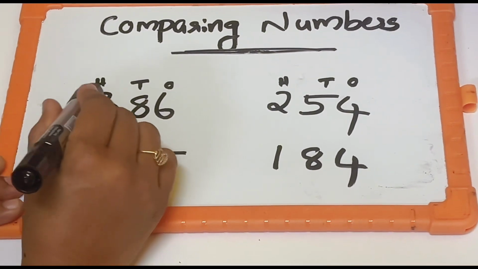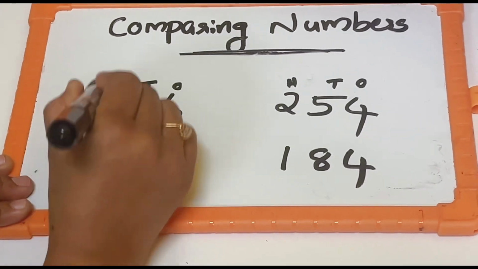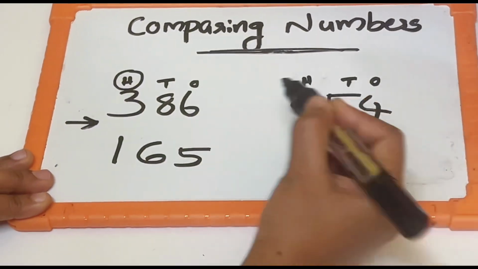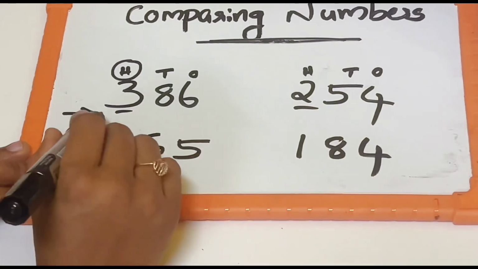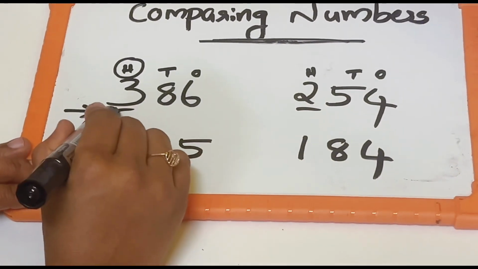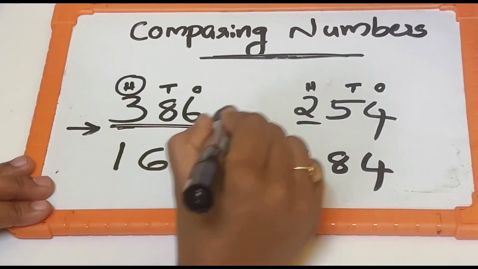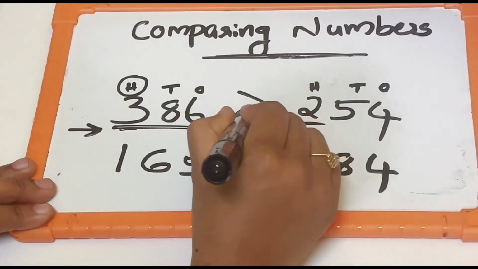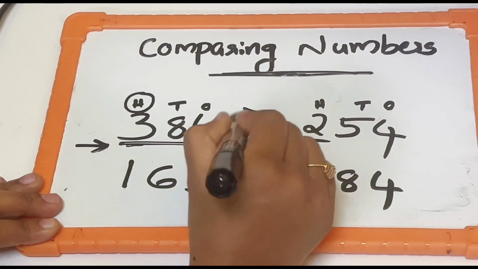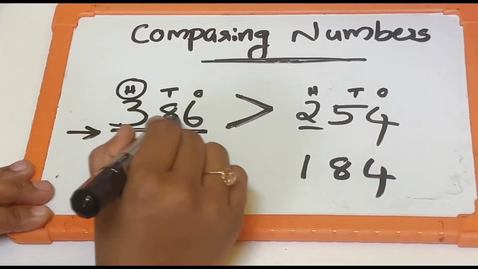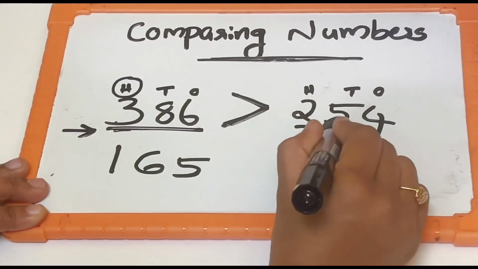So first we compare the numbers in the hundreds position, 3 and 2. Which is bigger? 3 is bigger, so this is the bigger number. We put the greater than symbol here: 386 is greater than 254.